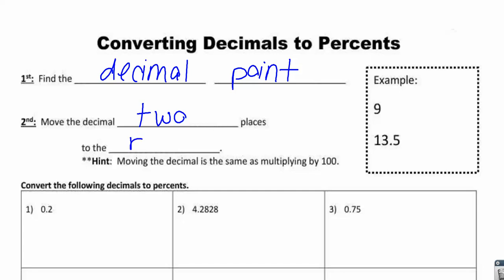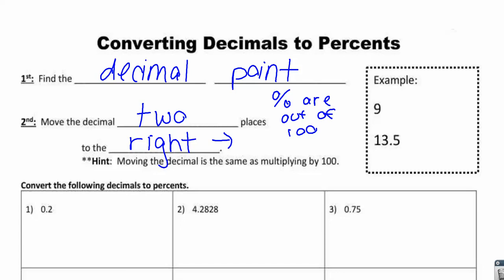To the right. And what you're doing essentially is you're multiplying the number times 100 because percents are out of 100. So we're taking the number, multiplying it by 100 to make it a part of 100.